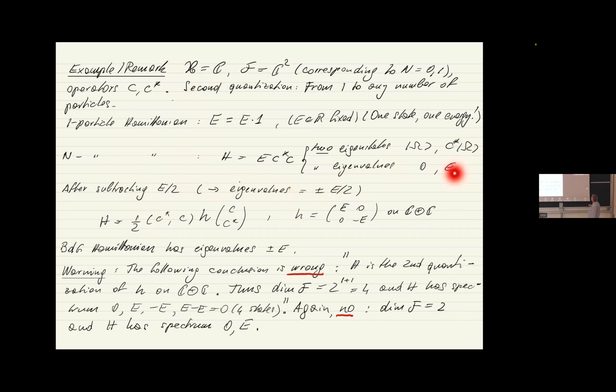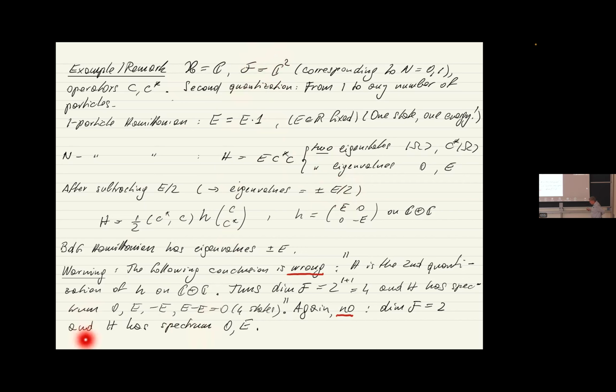And so the eigenvalues, rather than being 0 and E, become plus or minus E over 2. And this is the Bogoliubov-de Gennes notation: the Hamiltonian is then diagonal with E and minus E, and it acts on the doubling of the original Hilbert space, which is now C squared. It has these eigenvalues plus or minus E. Of course, here there is also this factor 1/2, which corresponds to the eigenvalues E over 2 that you are supposed to have.